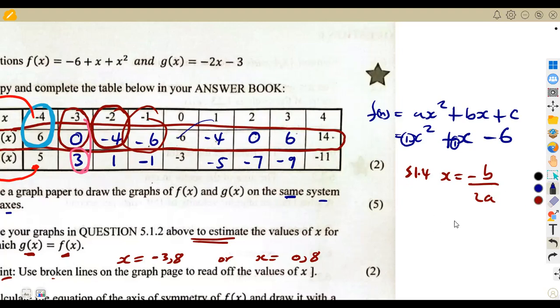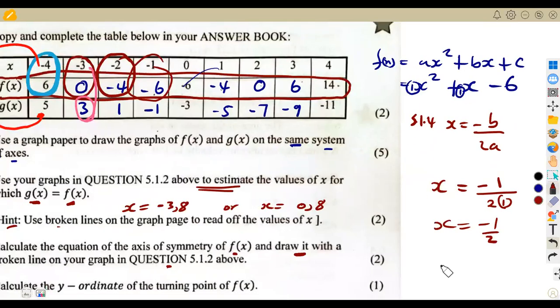So our x at the axis of symmetry is going to be taken as minus b, which is 1, over 2a, where a is 1. So this is negative 1 over 2, which is the same as a negative half, which is the same as negative 0,5 if you want to have it as a decimal. So x is equal to minus 0,5.